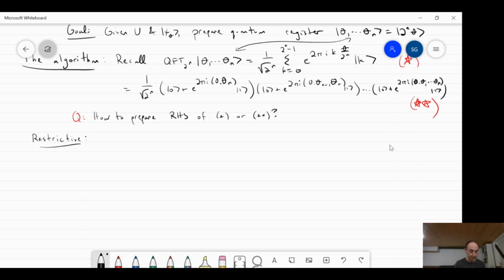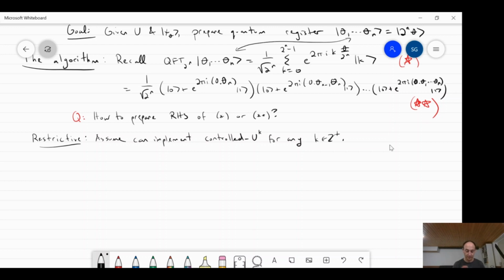So let's assume first that you can implement U to the k. Well, I need something a bit stronger than that. I need the controlled U to the k, for any k being some positive integer.